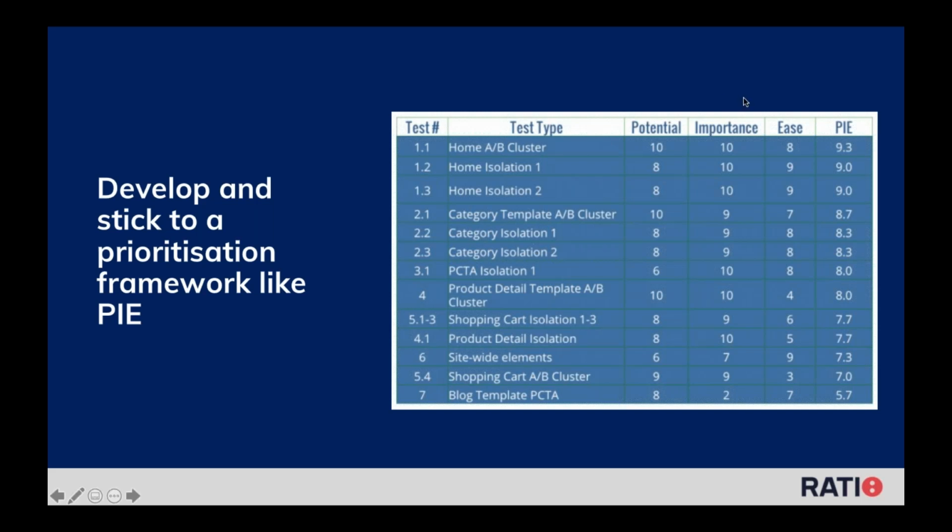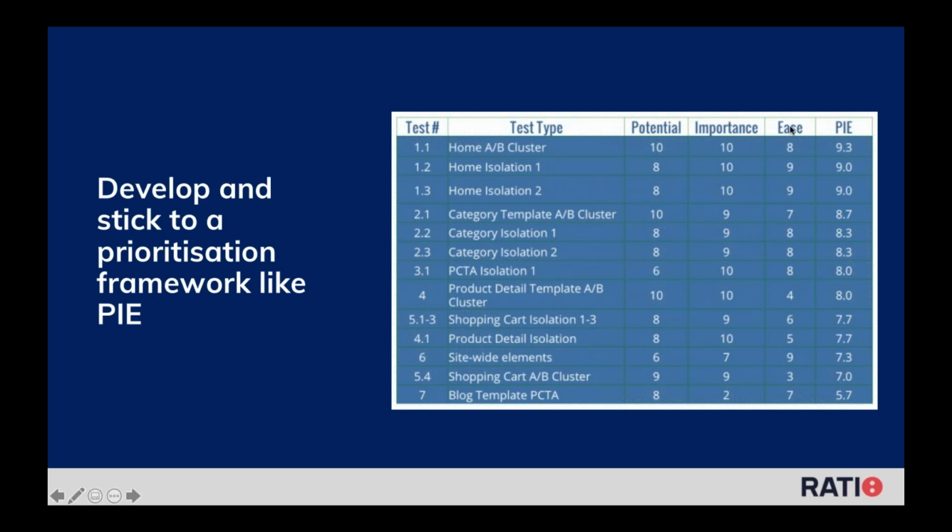And PIE is essentially looking at each experiment on the basis of 3 factors. So we have what is the potential of that idea to drive an impact.